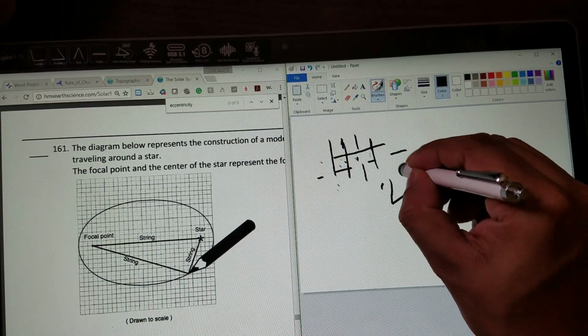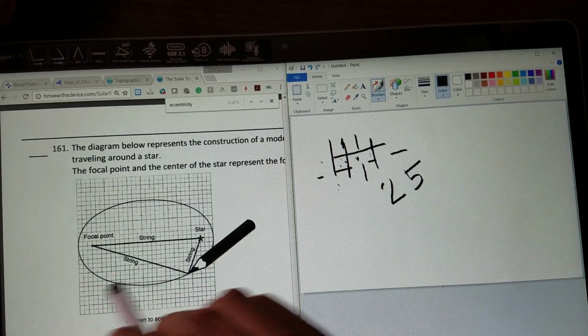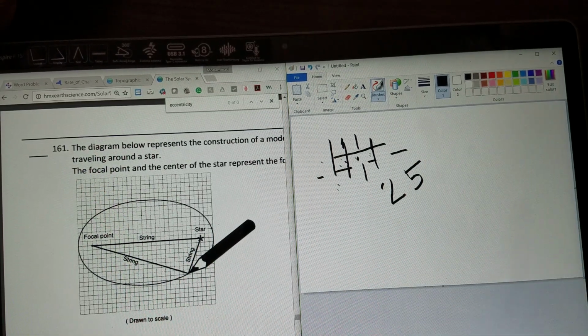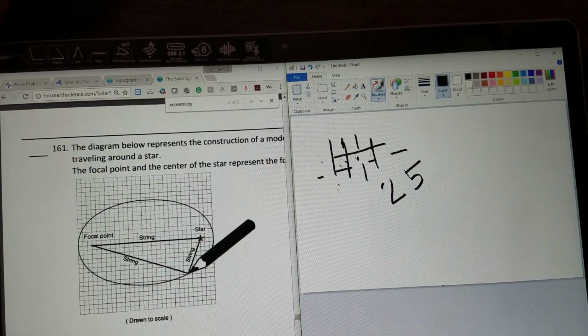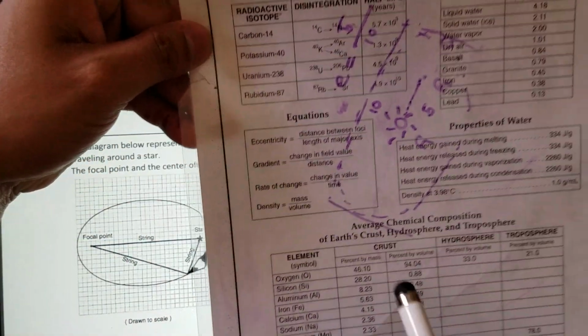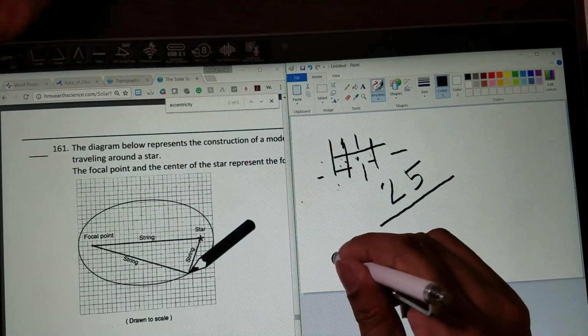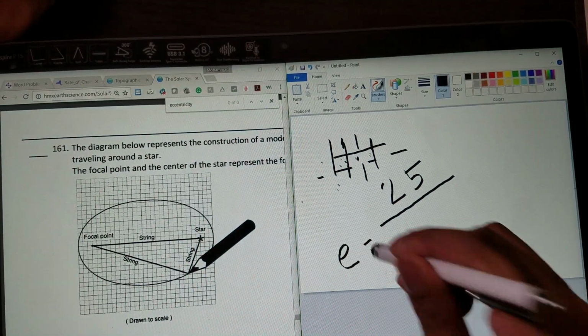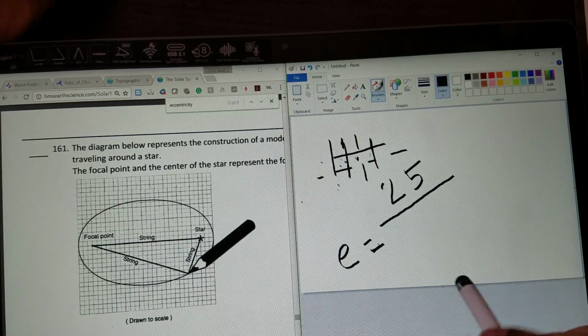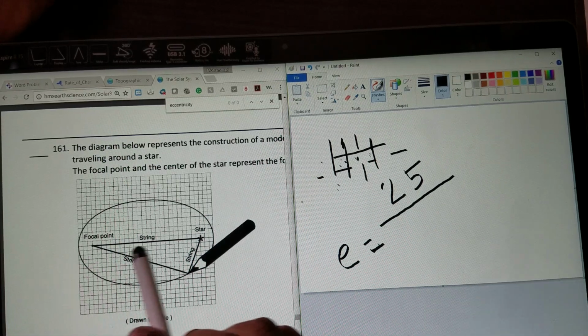Let's say it's 25. So 25 is the distance between the foci. Now we need to know the length of major axis. So eccentricity is equal to 25 divided by the major axis. We already know this is 25.